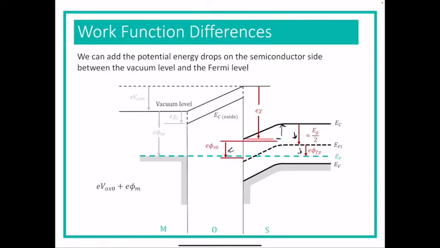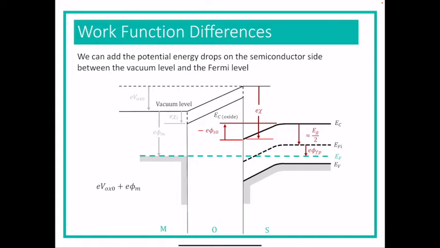So what we're going to do is move this up. It is the same distance that the conduction energy falls. It's the same as what happens in the intrinsic, so we can move that there. And then if we just flip it over and call it negative, we get to where we need to go. Because we go from the vacuum level and we drop E chi, which is the electron affinity.